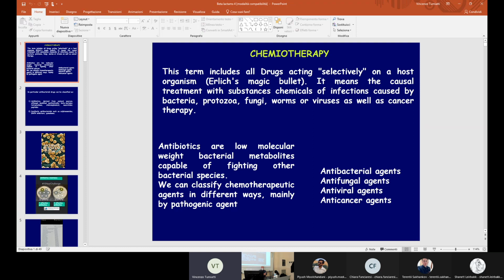So they are very important for the survival of bacteria in a particular situation. Here you can see a classification of chemotherapeutic agents as, for example, antibacterial, antifungal, antiviral, anti-cancer, and so on.